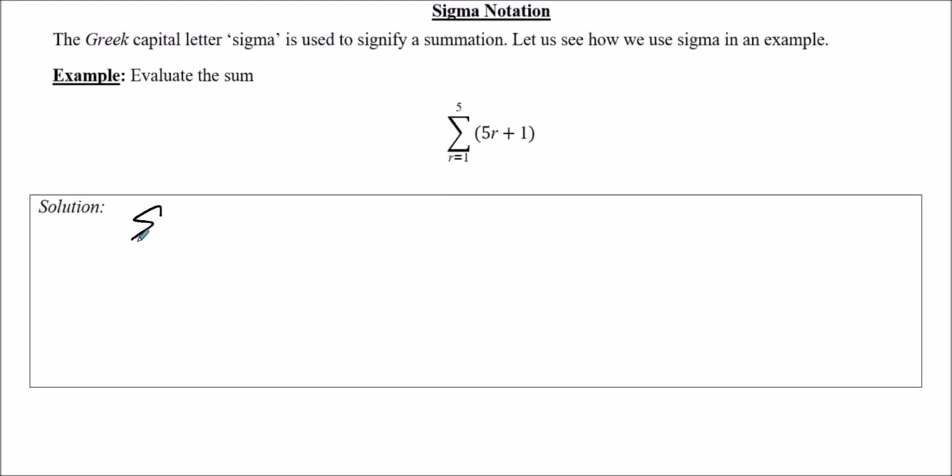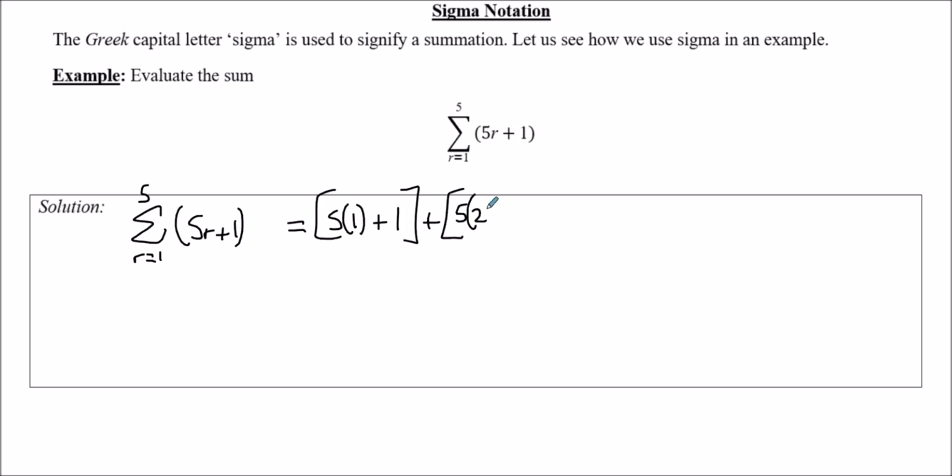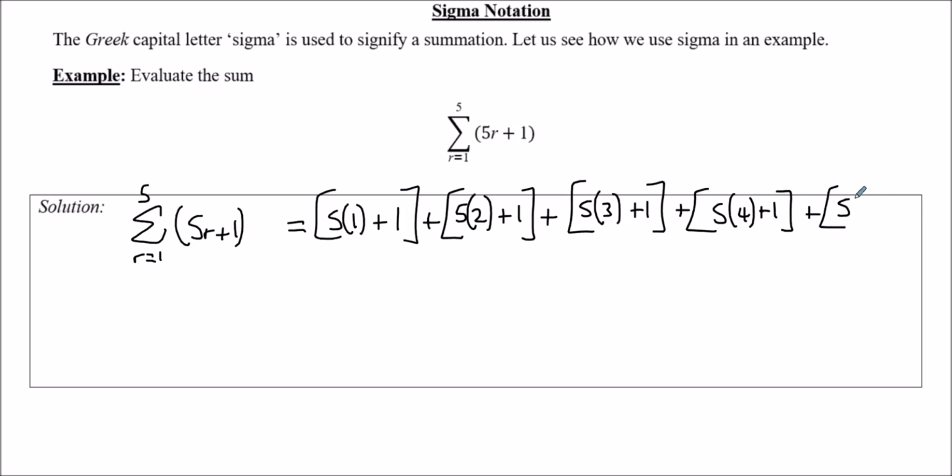So the sum from r being 1 up to 5 of 5r plus 1 is going to be, when r is 1, 5 lots of 1 plus 1, and then the next one is going to be 5 lots of 2 plus 1, that's when r is 2, then it's going to be 5 lots of 3 plus 1, plus 5 lots of 4 plus 1, and finally 5 lots of 5 plus 1.